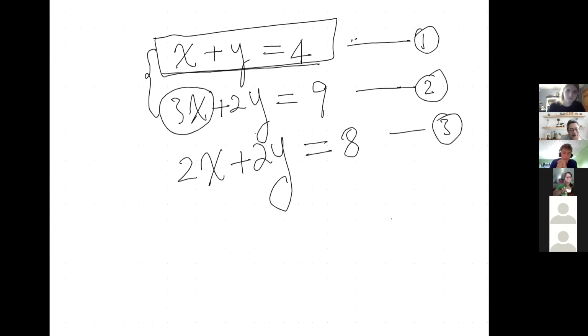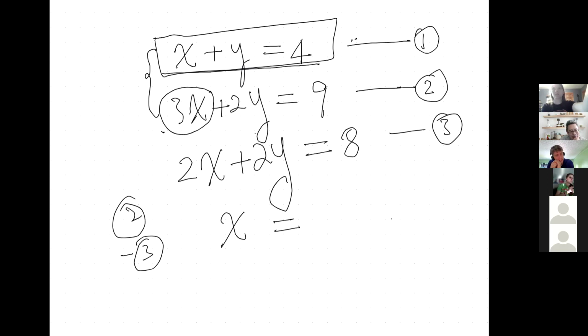All right, and now we can see if I use 2 minus 3, 3x minus 2x is x. 2y minus 2y, that cancels. Then on the right-hand side, 9 minus 8. Because we did left side minus this side, the right side has to do the same thing.